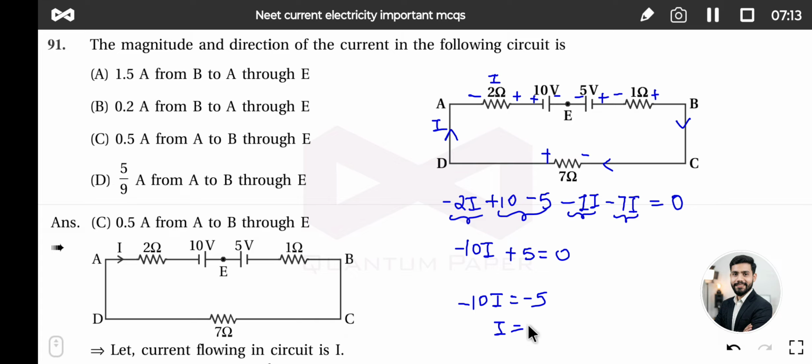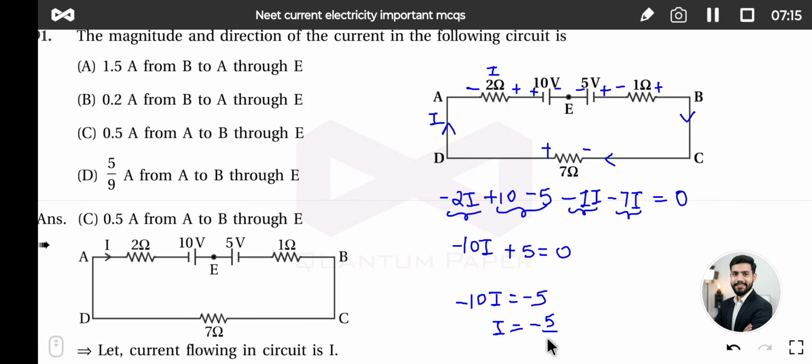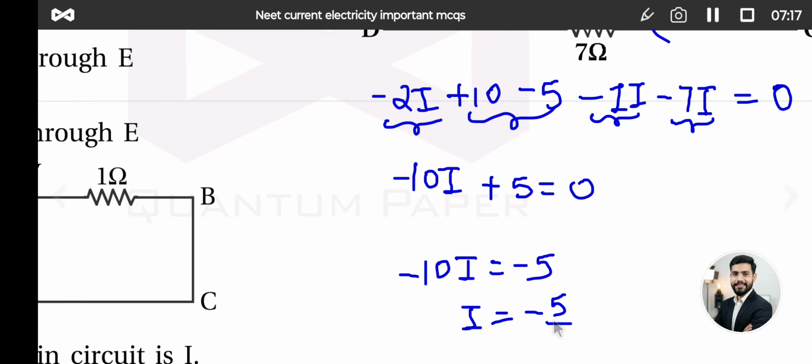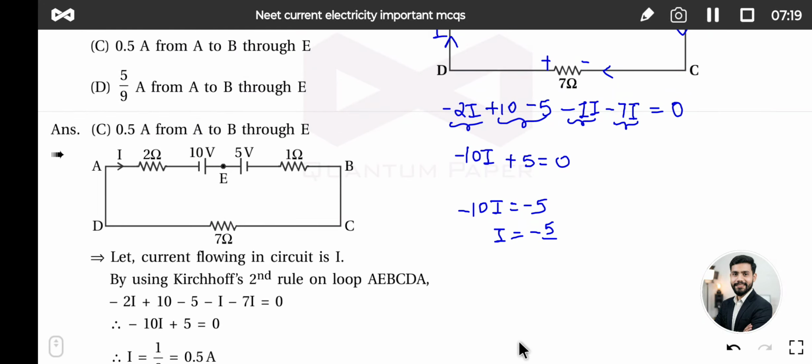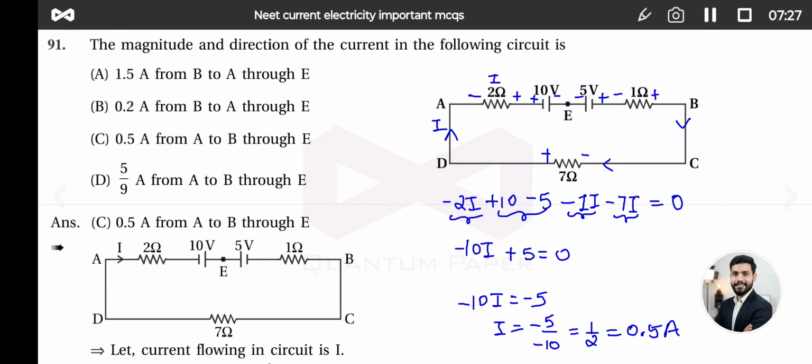So I is equal to minus 5 upon minus 10, which is nothing but 1 by 2. So 1 by 2 is nothing but 0.5 ampere. So the current flowing in this circuit is 0.5. We know that 0.5 is there in only one option. So our correct answer is C, 0.5 ampere from A, B through E.